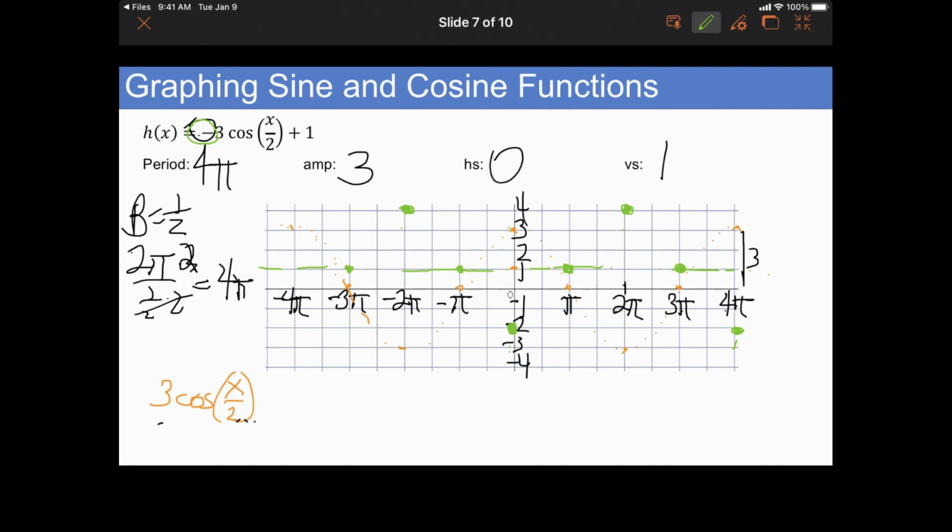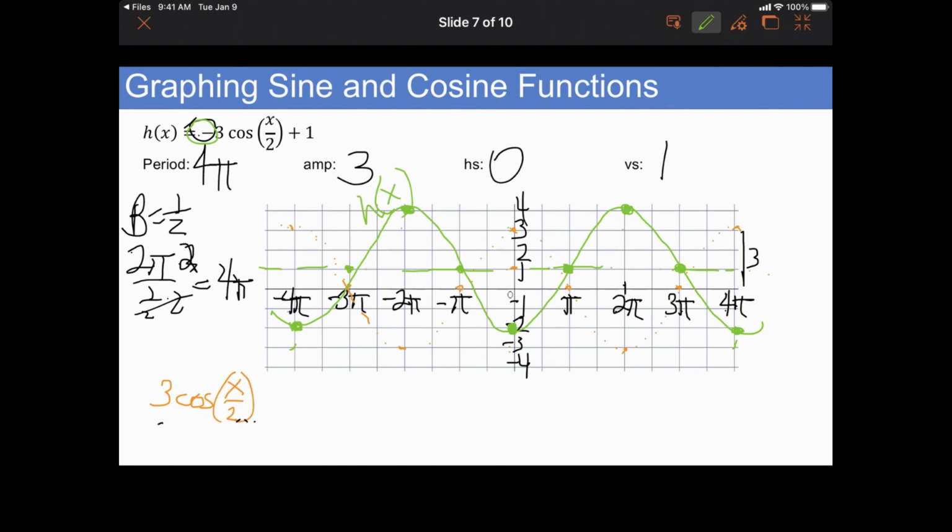Here, we're going to reflect it here and then up 1. Okay. So this goes up. This is h of x. Oh, that was beautiful.